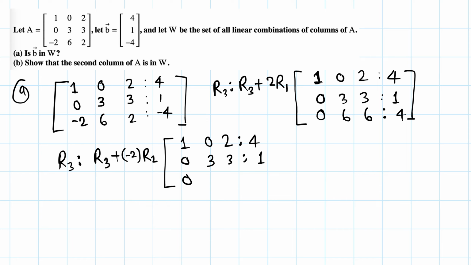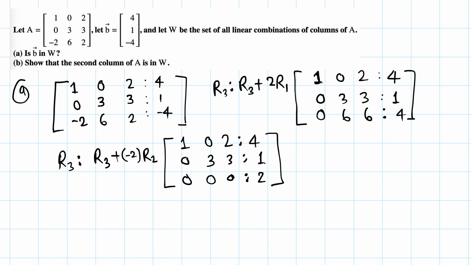Negative 2 times 3 is negative 6, plus 6, 0. Negative 2 times 1 is negative 2, negative 2 plus 4 is 2. Now, as you can see, the bottom row is 0, 0, 0, 0 equals 2. That means this system is inconsistent.